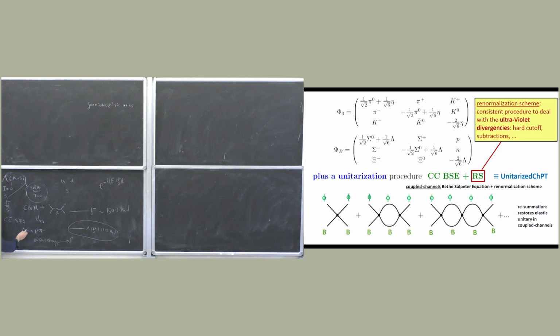Because it can disappear, because there are some channels that I am not considering. If I am solving and I am not taking into account the channel proton pi, right? So there are channels that disappear. And actually, what happens here is e to the minus gamma t. You see? So then it decays.